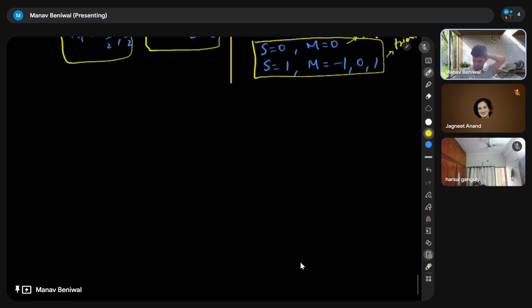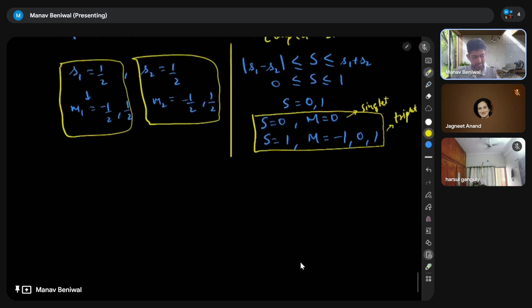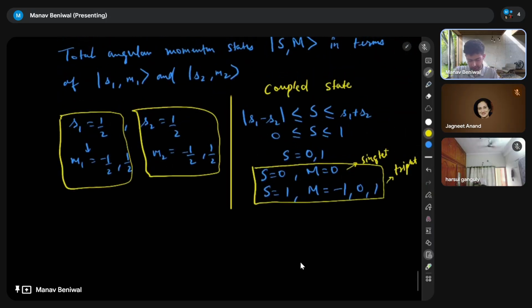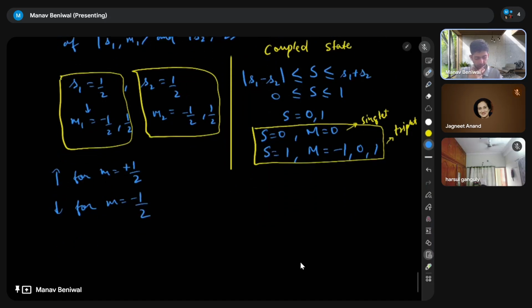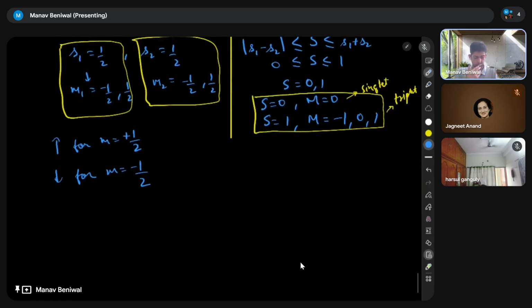Let's first write the uncoupled basis and define the notation. For the uncoupled basis, let me write up spin for m as plus 1 by 2 and down spin for m as minus 1 by 2. Because we have two particles, we can have a total of 4 possible states.